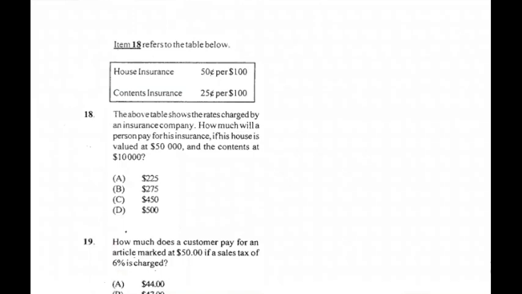So 18, the above table shows the rates charged by an insurance company. How much will a person pay for his insurance if his house is valued at $50,000 and the contents at $10,000? So from the table, the house insurance is 50 cents per $100.